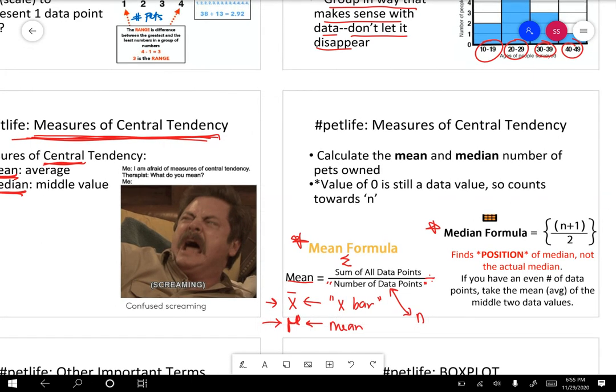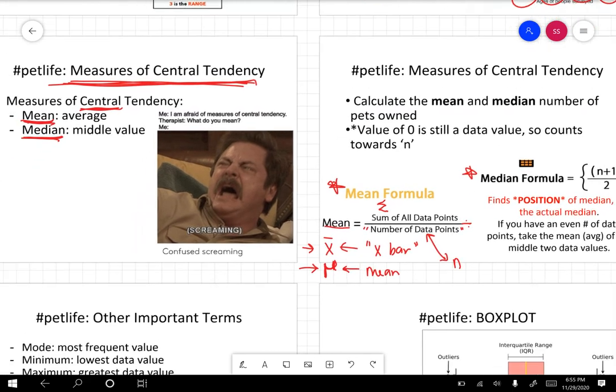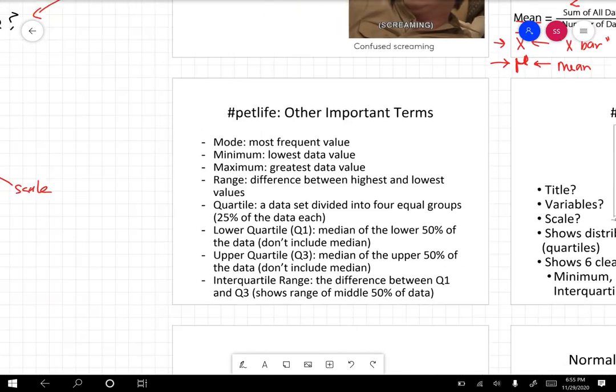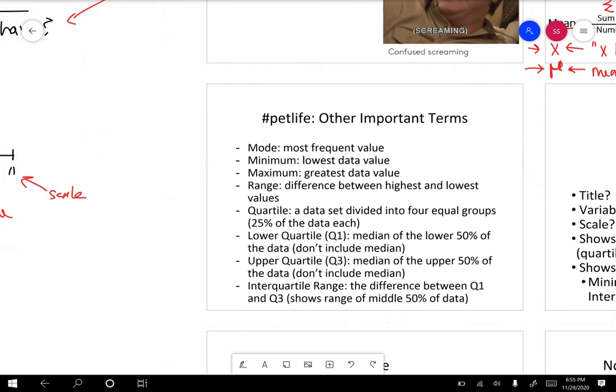Okay, now there are other important vocabulary terms that you guys need to know. Those are probably the most important right now, but let's go over other ones. And again, you can pause this, write it down. I would definitely suggest writing it down. So some words you may already be familiar with, for example, the mode. The mode is the most frequent value.